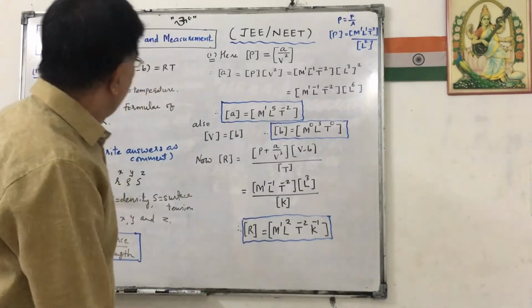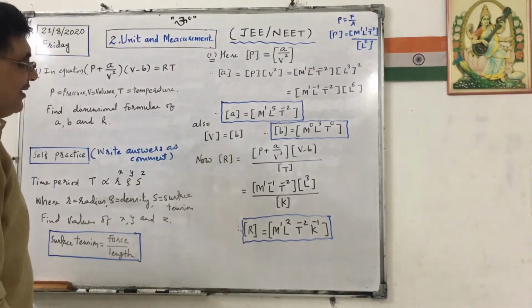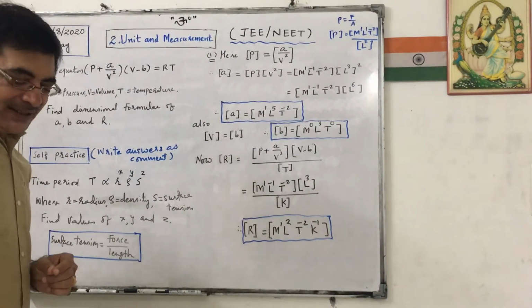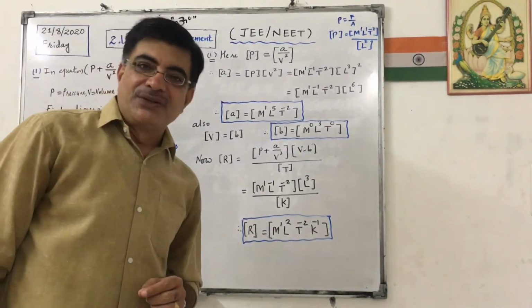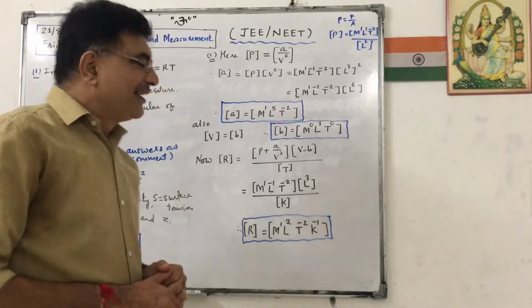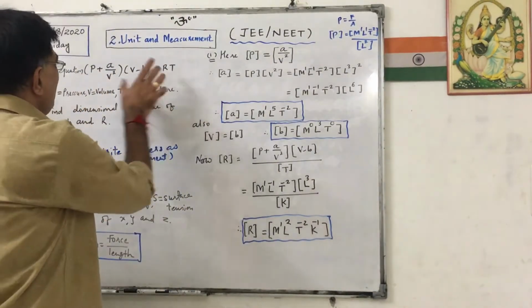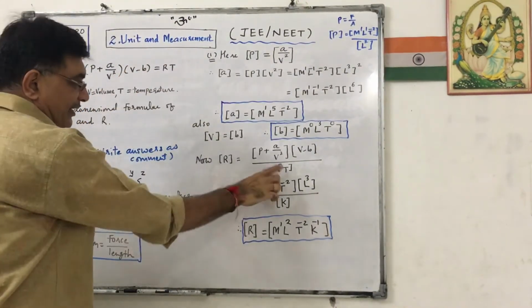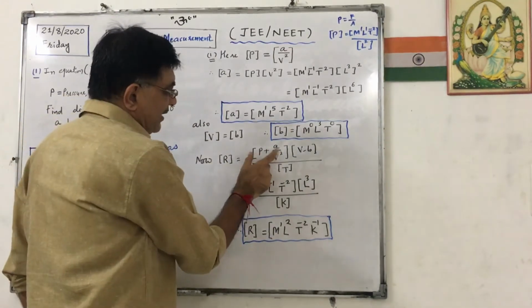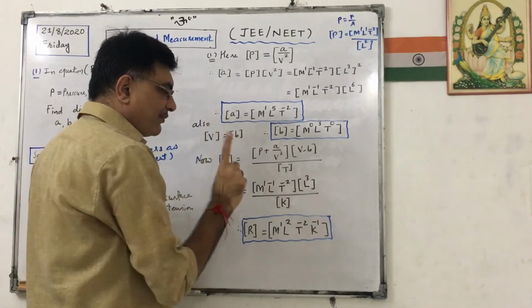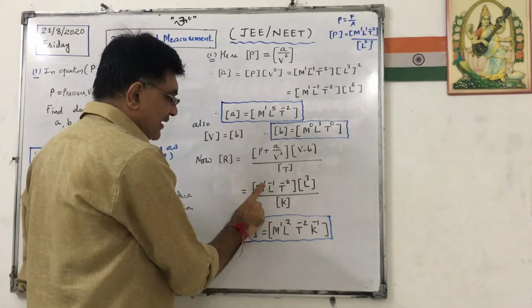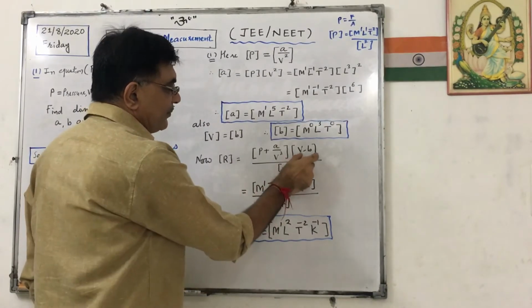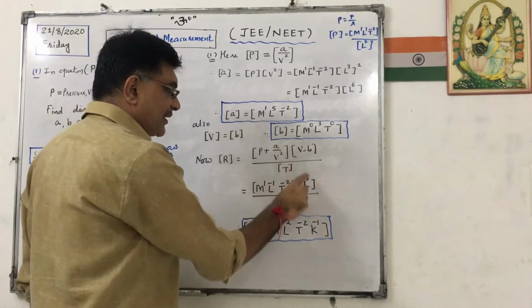Now about R. Actually, what is R? R is called the gas constant, the universal gas constant. So see here, R will be equal to this multiplication divided by T. There are two terms, but we have to write the dimensional formula of only one, that is P, which is M¹L⁻¹T⁻². For the volume also we write it only once, that is L³.